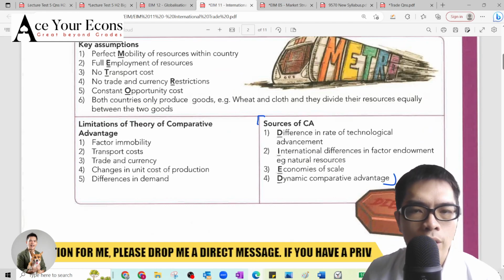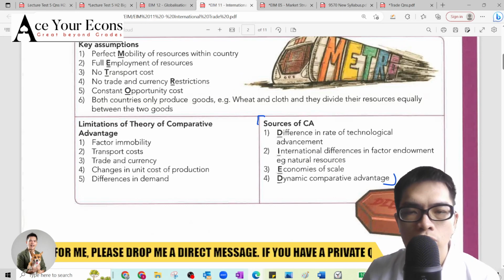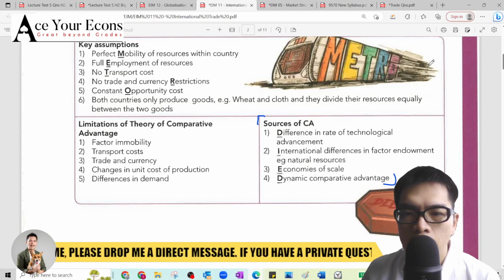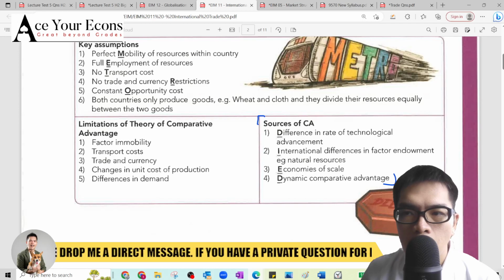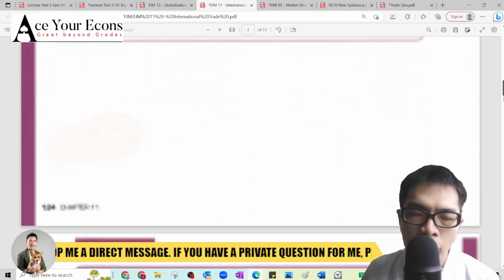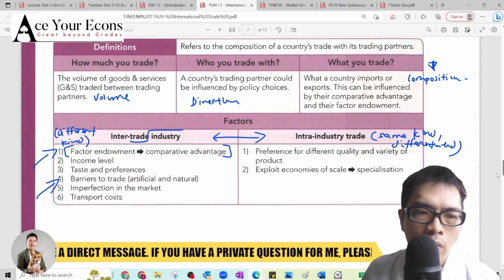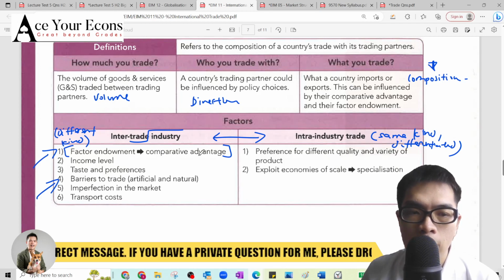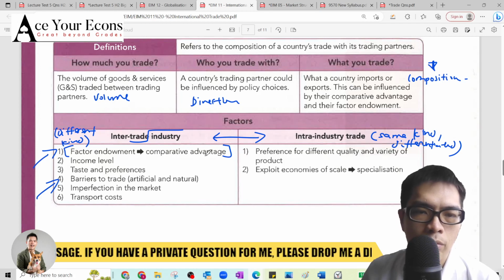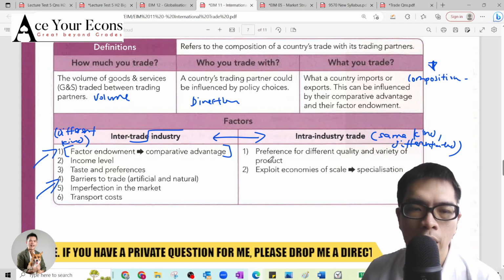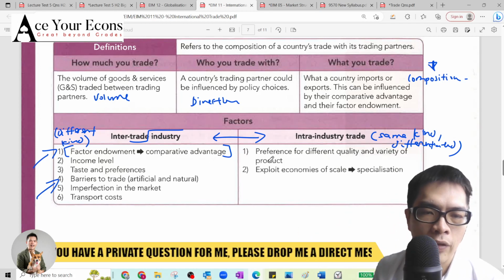What are your sources of comparative advantage? Is it your factor endowment? Is it your technology? Or has your comparative advantage changed over time? Make sure you're able to illustrate this. You can see that sometimes inter-industry trade would not happen, or would happen, when a country has its comparative advantage eroded.